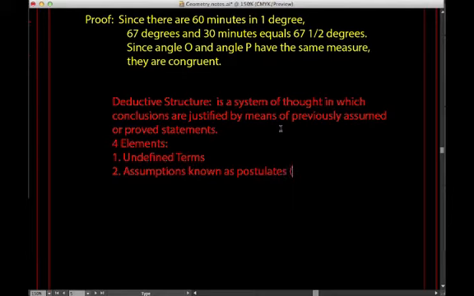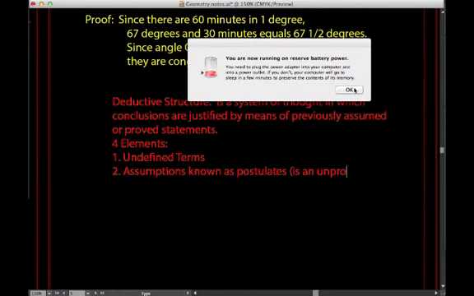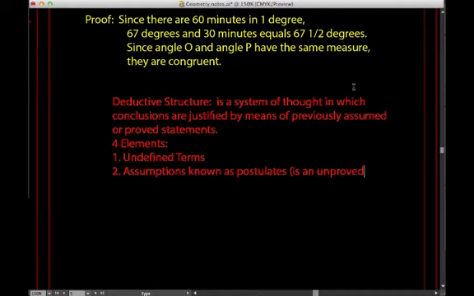And then a postulate is just an unproved assumption. We have definitions. And then we have theorems and other conclusions.